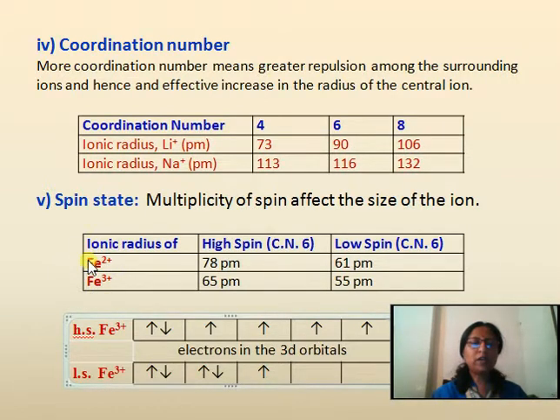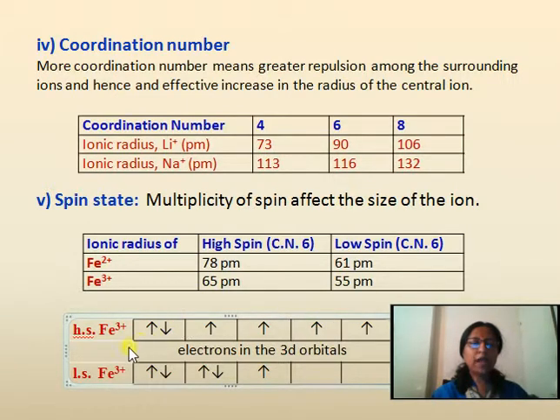So in iron 2+, if we have the high spin configuration in coordination number 6, the value for ionic radii is 78 picometer, but when we go for low spin state, the value is only 61 picometer. And when iron is in +3 oxidation state, in high spin condition, the value is 65 picometer, but in low spin condition, this is 55 picometer. So you see, when we go from high spin to low spin state, the ionic radii value is decreasing. That is true in both the cases.